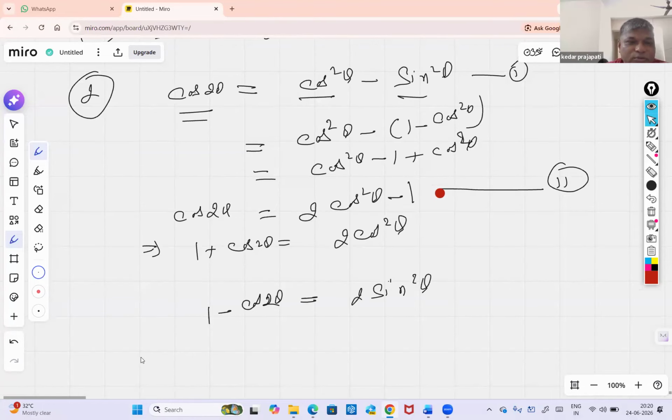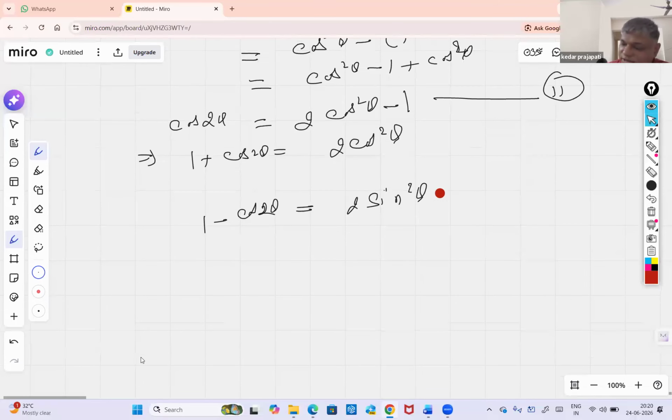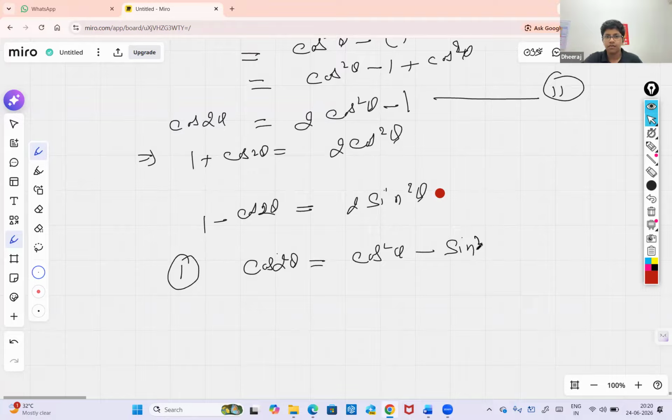Right. So now we know three formulas. Cos 2 theta is equal to cos square theta minus sin square theta. Second is 1 plus cos 2 theta.